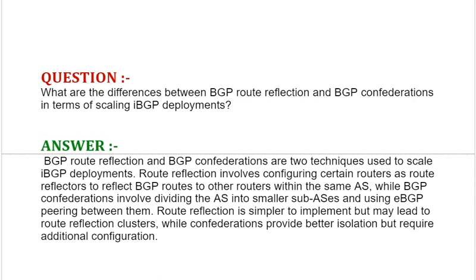Route reflection involves configuring certain routers as route reflectors to reflect BGP routes to other routers within the same AS, while BGP confederations involve dividing the AS into smaller sub-ASs and using eBGP peering between them.